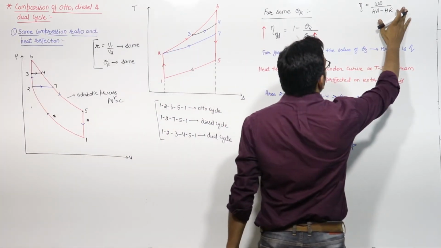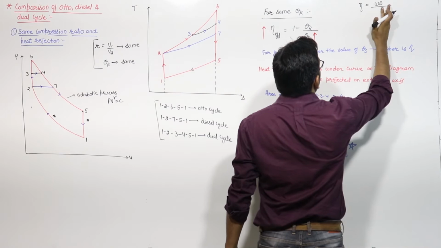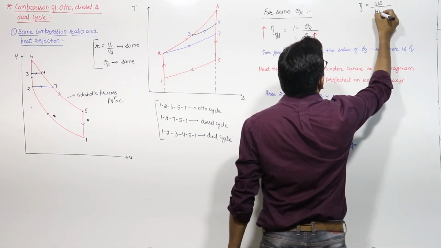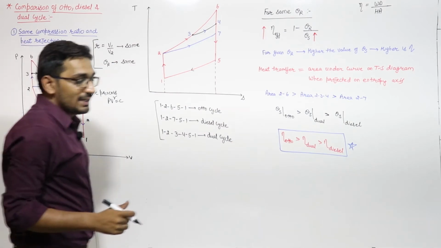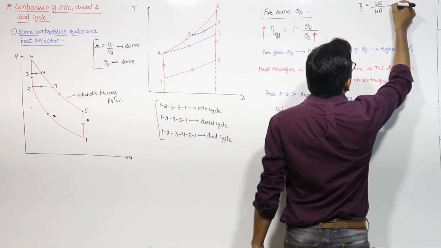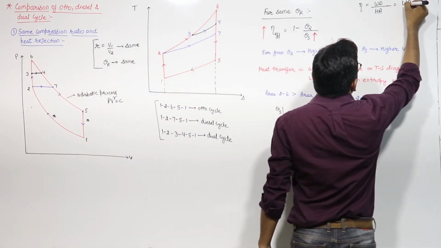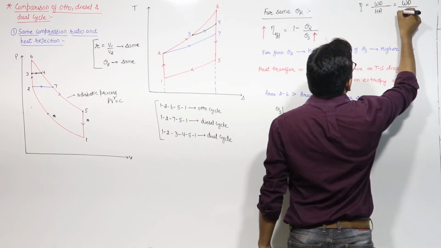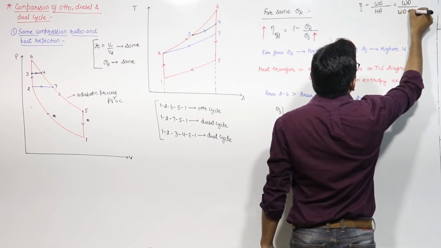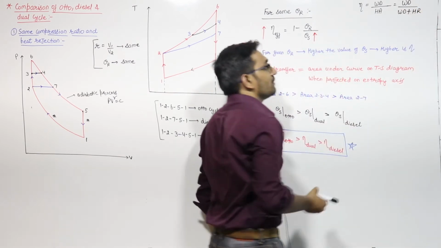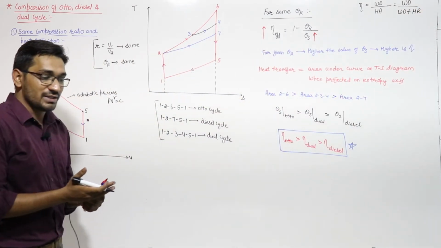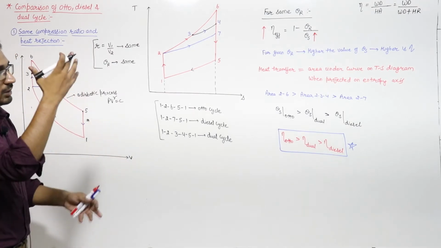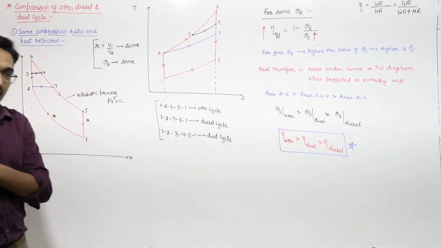And heat addition is equal to work done plus heat rejection, from the basic principle of thermodynamics, that is conservation of energy. Heat added will be equal to work done plus heat rejected.